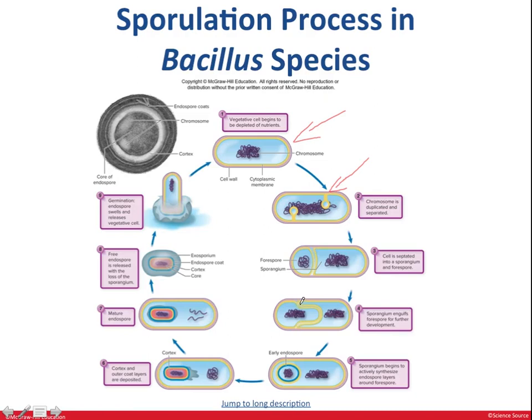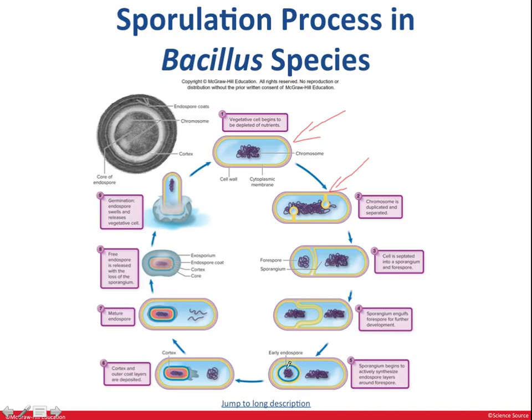Actually, the plates fuse together to let the forespore be engulfed in the cytoplasm of the vegetative cell, to form the early endospore.